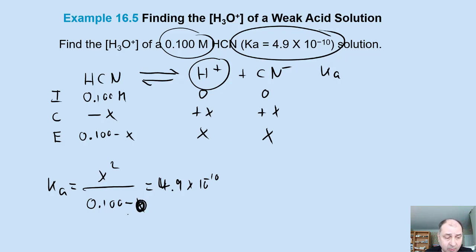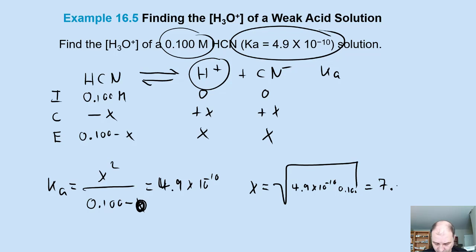That makes our mathematics a lot easier, because x is then equal to the square root of 4.9 times 10 to the minus 10 times 0.100, which is equal to 7.0 times 10 to the minus 6.